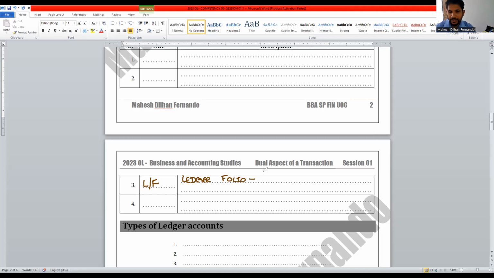Right? The number of the other account or the page number.